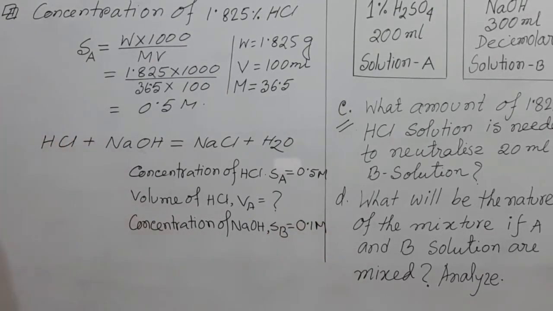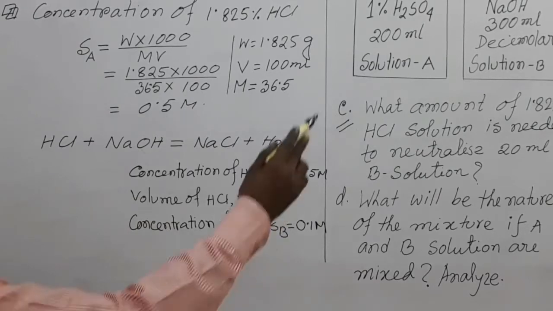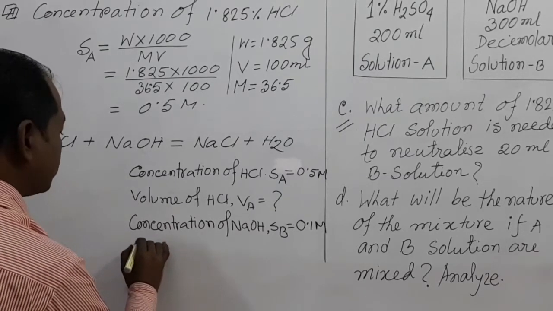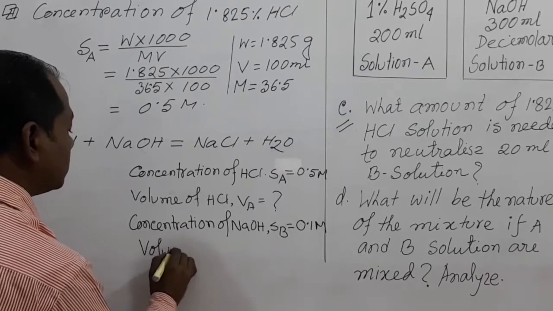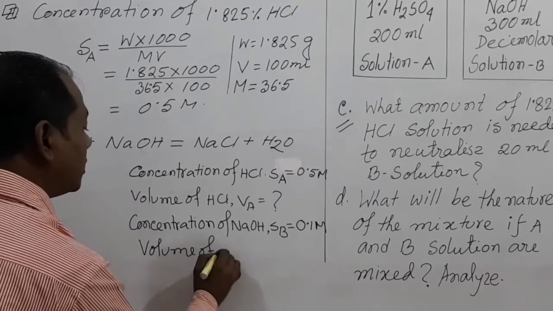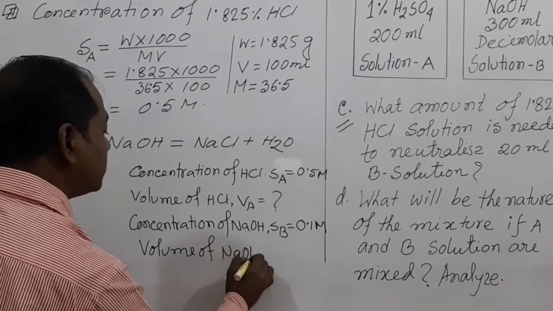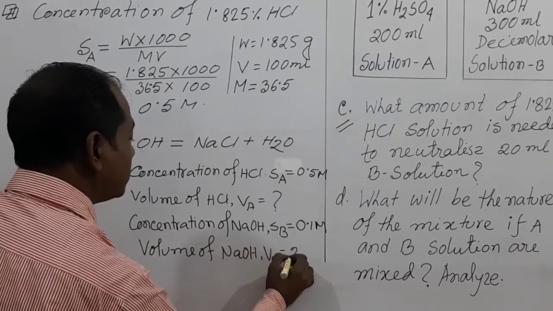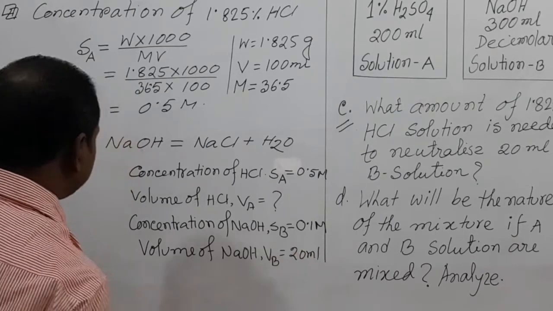Why 0.1 molar? Because the given concentration of sodium hydroxide, that means B solution, is decimolar, and the volume of sodium hydroxide, that is VB, equal to 20 ml.